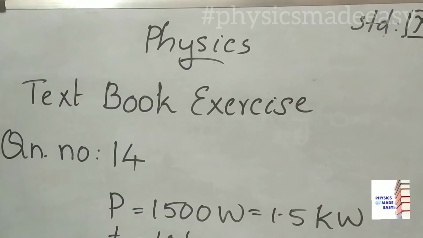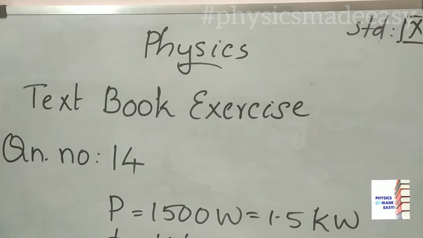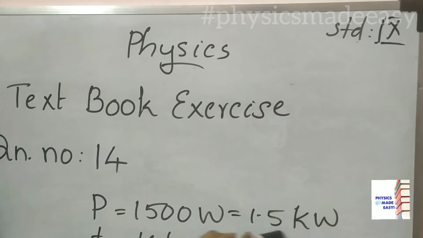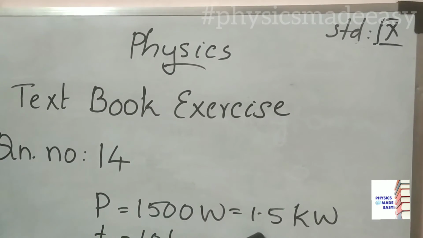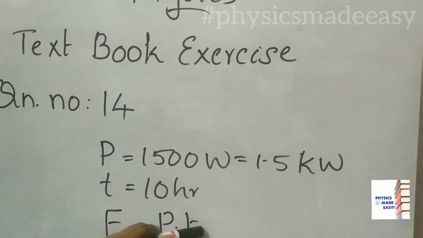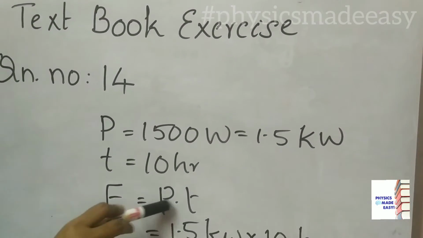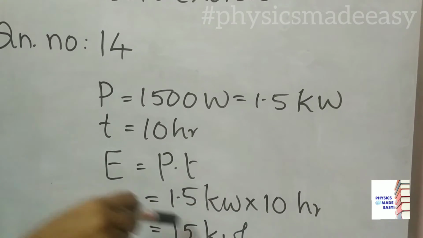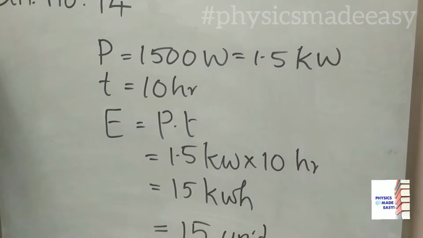If you are going to find that in units, you have to express that in kilowatt hour. So we need to convert that watt into kilowatt. 1500 by 1000, 1.5 kilowatt, time 10 hours. Then energy is equal to P into T, power in kilowatt into time in hour, 1.5 into 10, 15 kilowatt hour, that is equal to 15 units.